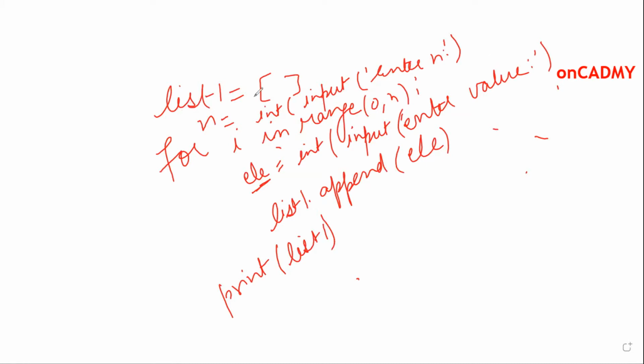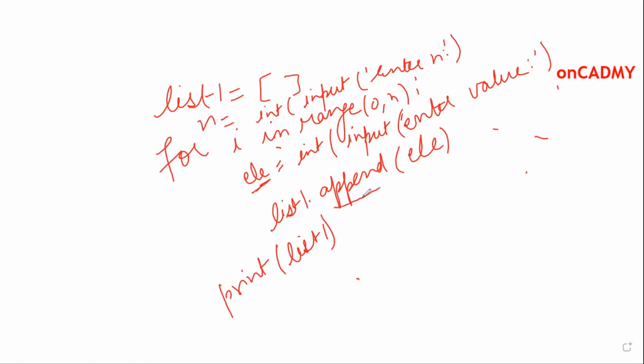First of all, create list1 is equal to this empty bracket, n is equal to int input enter n, where n is the number of elements that you want to input for a list. Suppose if you want to input 10 elements, you will give the value of n as 10. Then loop will run from 0 to 9, and one by one every element will be input by the user and it will be appended to the list.